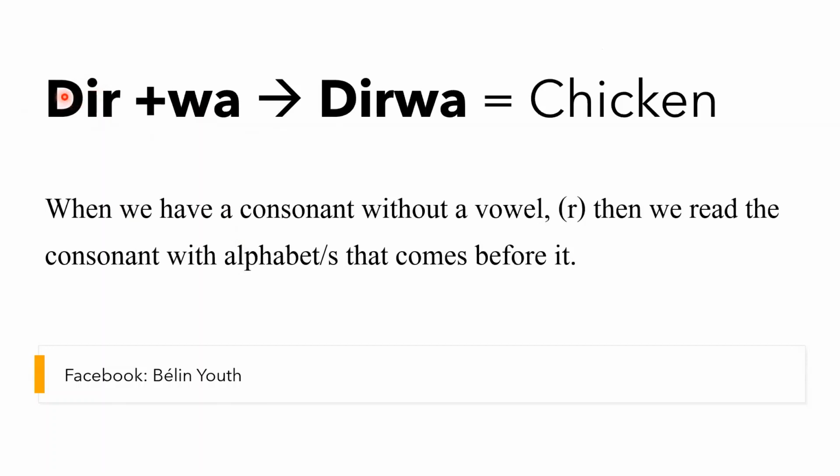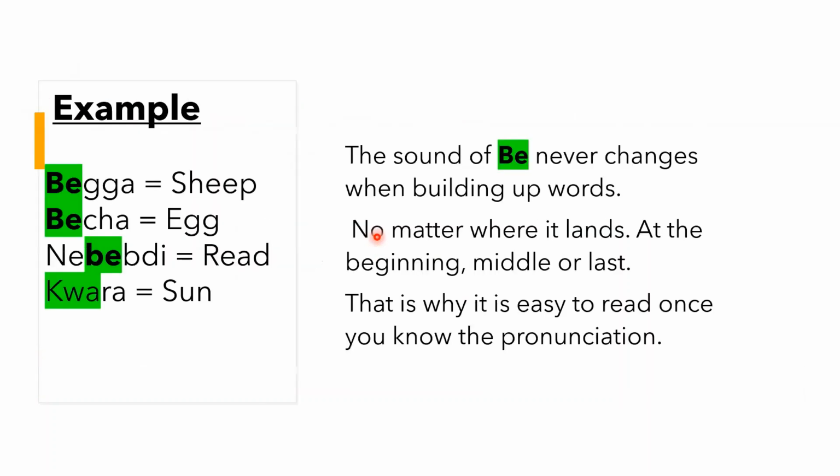So this would sound dir instead of di. So this will sound dir, dir, wa, dir, wa. Then let's check it, when we read the consonant with the help that comes before it. So this is one way of reading a consonant that doesn't have a vowel.